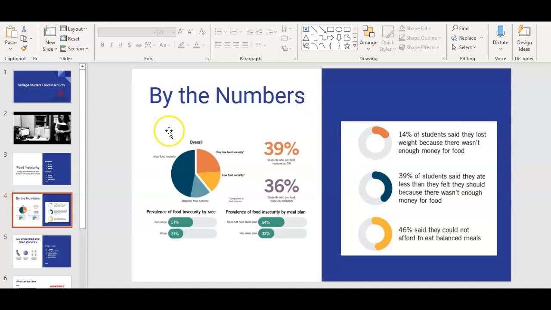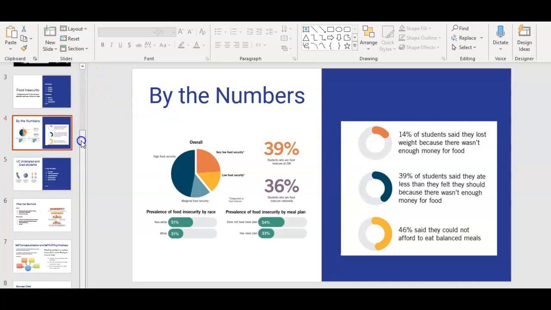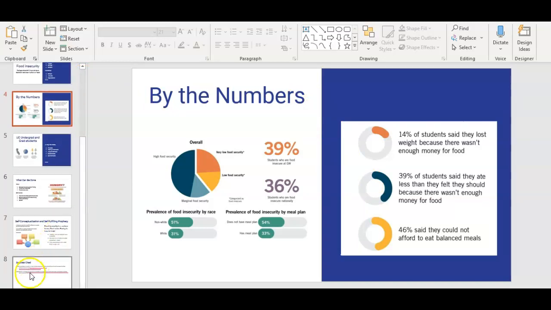So this PowerPoint presentation comes all the way down here, and it's about 8 slides, including the works cited. Now for you, you're going to put everything that you're using in one works cited page, which you're turning in with your final draft. So you will not have a works cited slide. However, you will have about 8 to 12 slides, and that would include a title slide, an overview slide, and a conclusion slide.